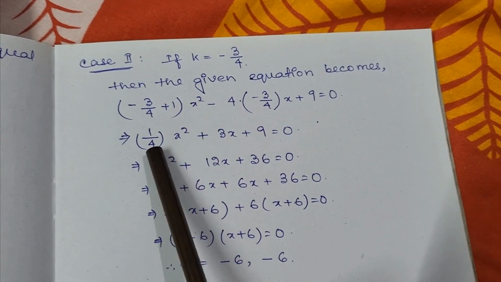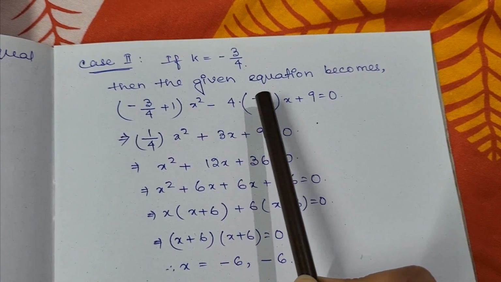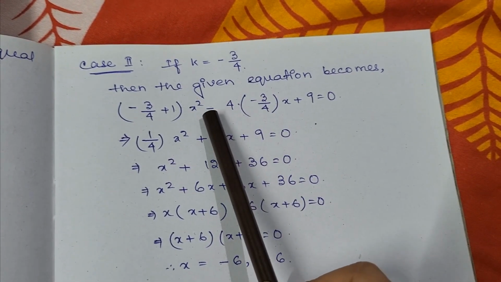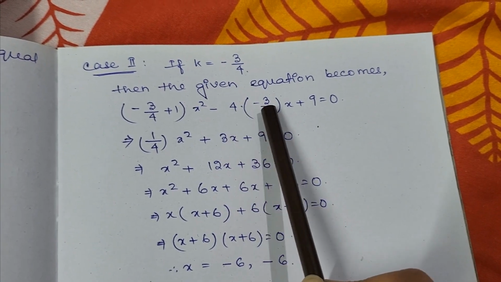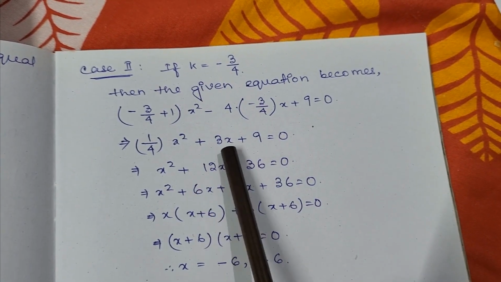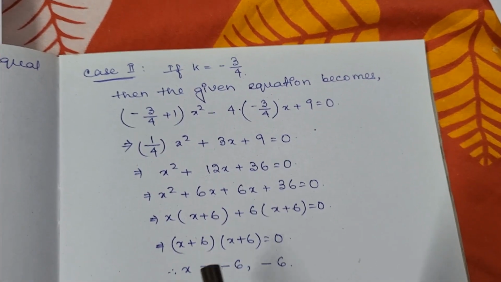On simplifying this, we get 1 by 4 x square, and here 4 and 4 get cancelled out, and minus 3 minus becomes a plus 3x, and 9 remains 9.